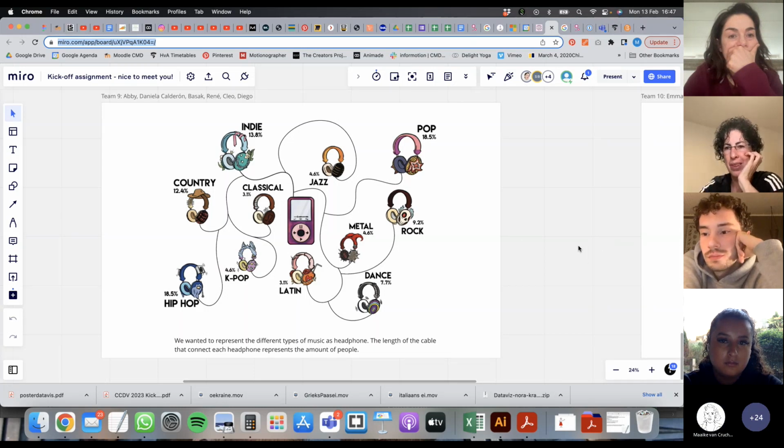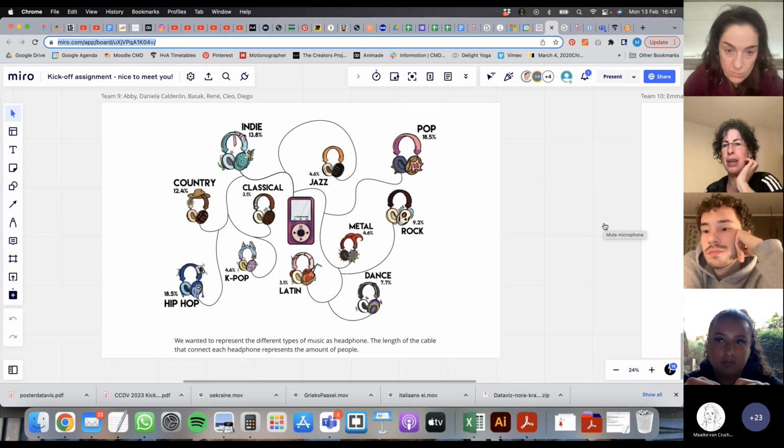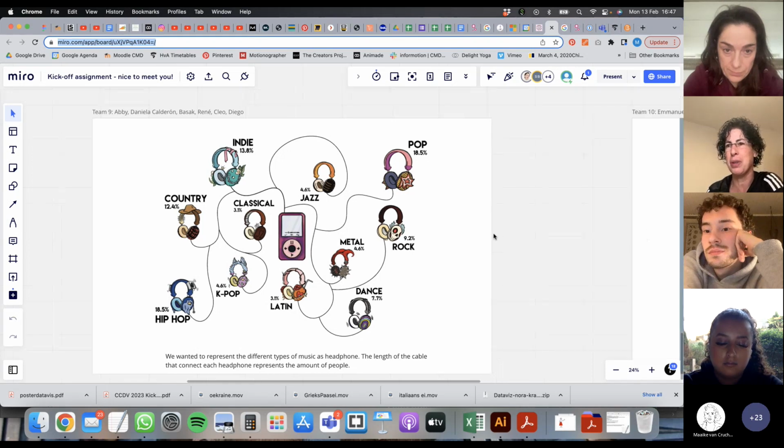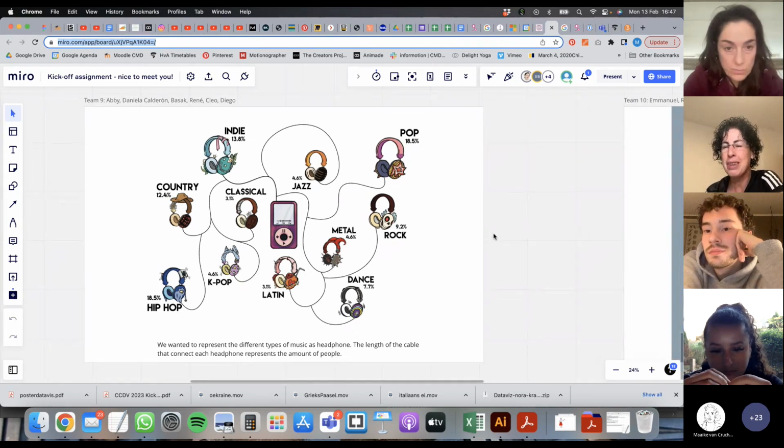I think the idea to take headphones and dress them with the characteristics of the data is really awesome, and the art style is beautiful. I don't know who is responsible for this, but they have to be cheered.